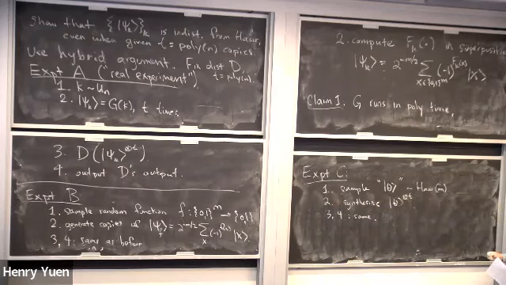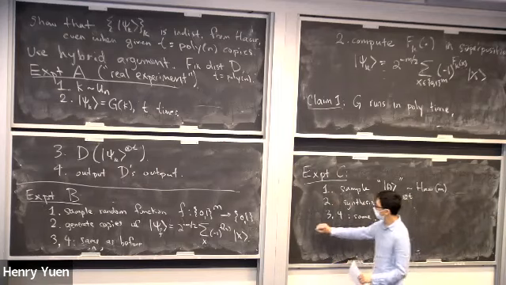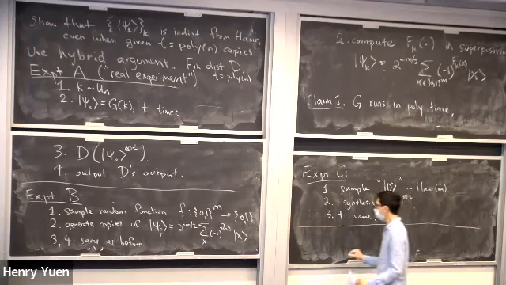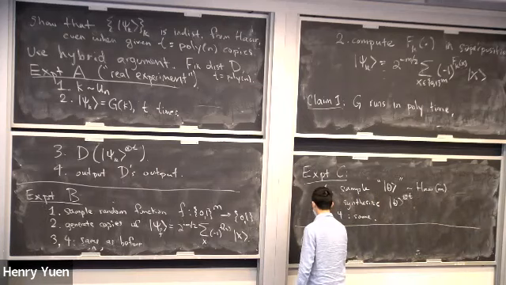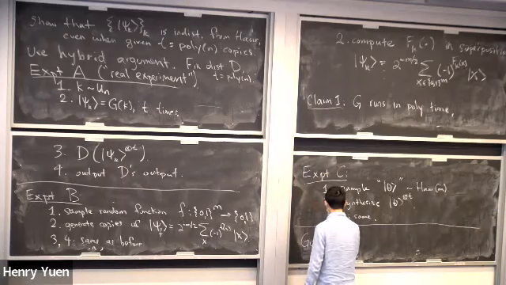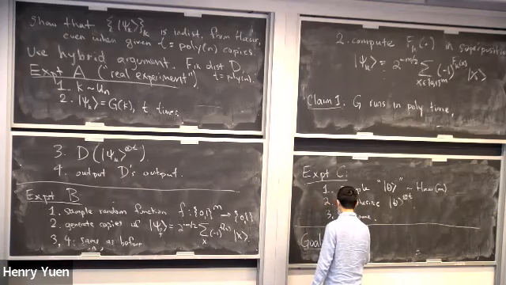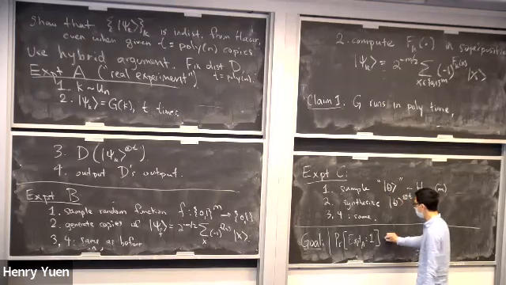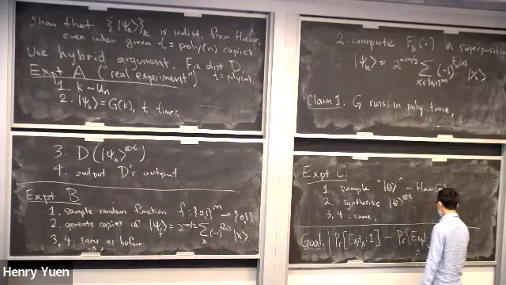Okay, so I defined these 3 experiments. And our goal is to argue, equivalently, that the probability that experiment A outputs 1 is close to the probability that the very last experiment outputs 1.